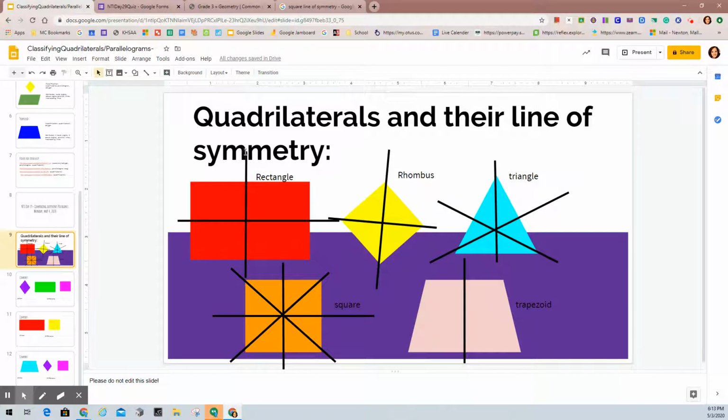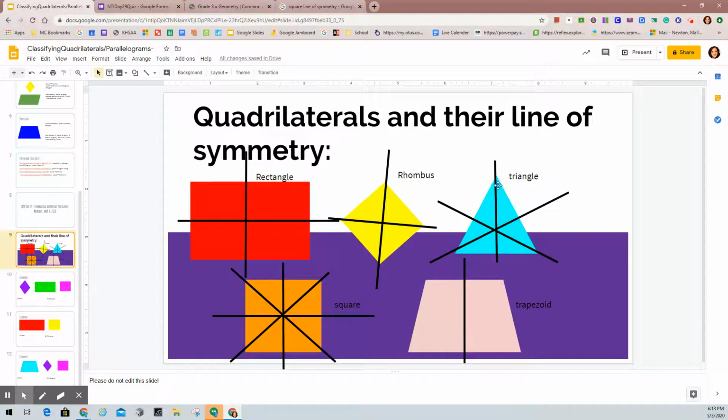A rectangle has two lines of symmetry. 1, 2. Because if I were to fold this, I think about a rectangle like a piece of paper. I could fold it hot dog style and it'd perfectly meet, or I could fold it hamburger style and they would perfectly meet. A rhombus, it looks like a diamond. It has two lines of symmetry, one going this way because this side and this side are the same, or one going horizontal because this side and this side are the same.